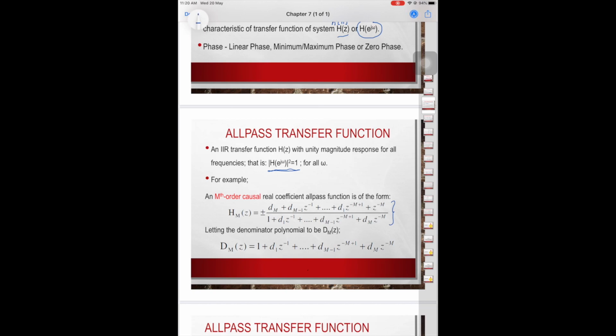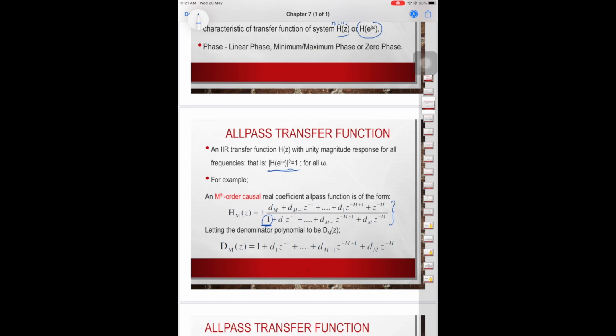This transfer function is similar to chapter 6. For chapters 6 and 7, the denominator part must start with constant 1. What happens if this constant is not equal to 1? Let's say, for example, we have 3. Then you need to do factorization so that we can cancel off that 3.